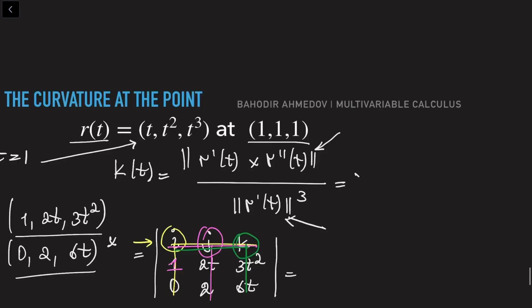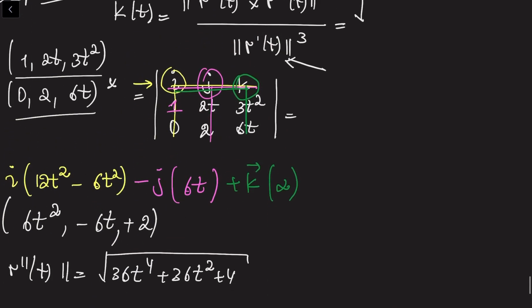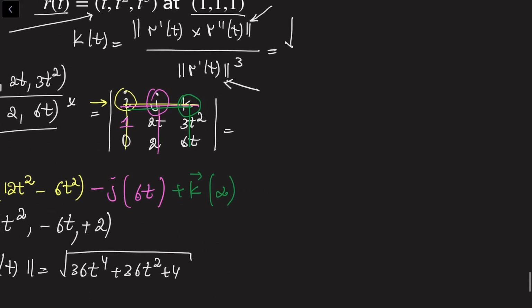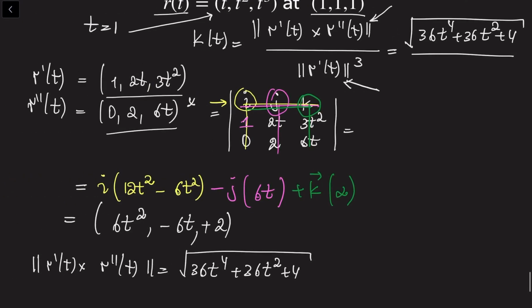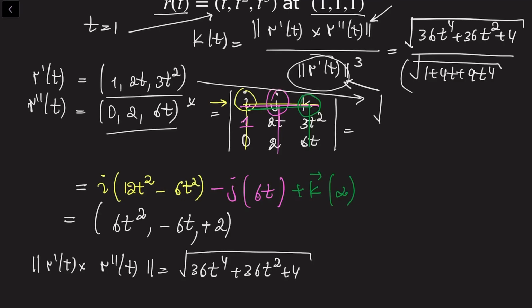So let's substitute this. It was equal to 36t to the power of 4 plus 36t to the power of 2 plus 4, divided by the length of the vector r prime of t. The length of this vector can be found as the square root of 1 plus 4t squared plus 9t to the power of 4, and this is cubed.